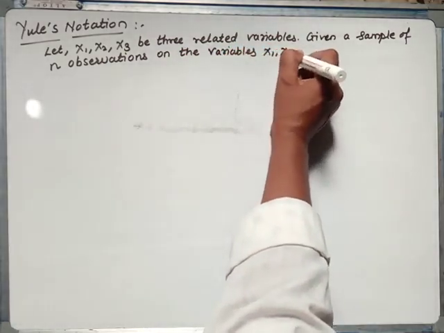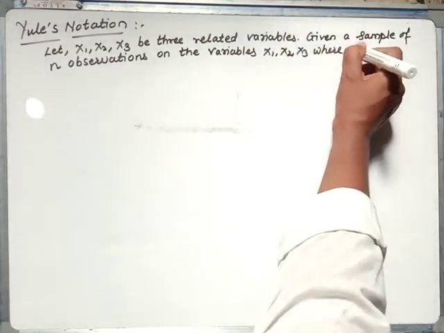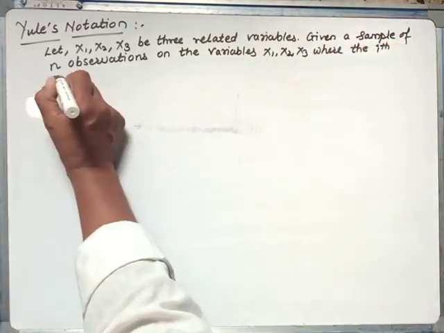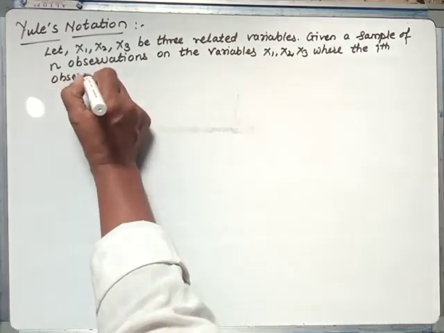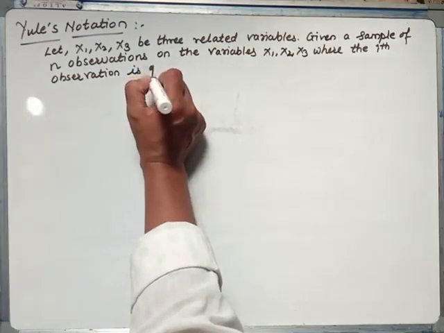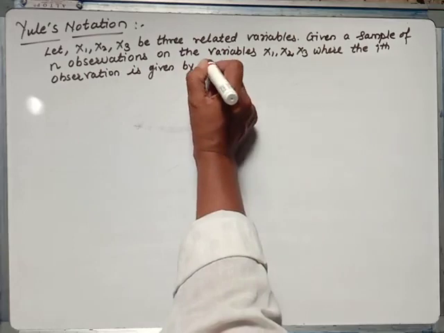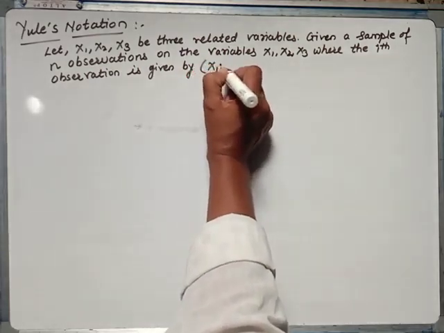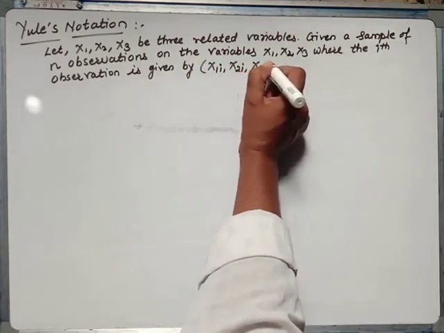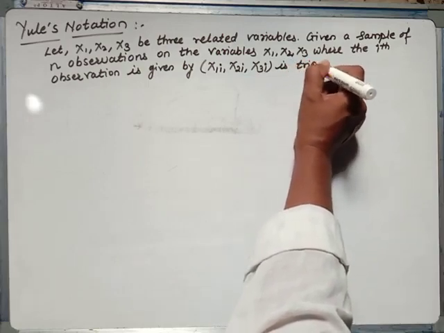x1, x2, x3, where the ith observation is given by x1i, x2i, x3i, a triplet of values.